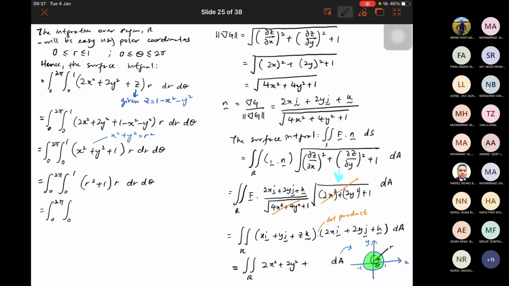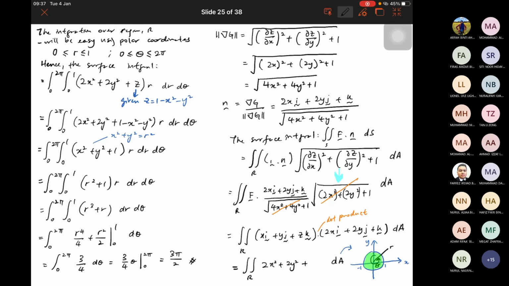Integration 0 to 2 pi, r cube plus r dr d theta. R kuasa 4 per 4 plus r kuasa 2 per 2, d theta. So 1/4 integration 0 to 2 pi 3/4 d theta equal to 3/4 theta. So sama dengan 3 pi per 2.